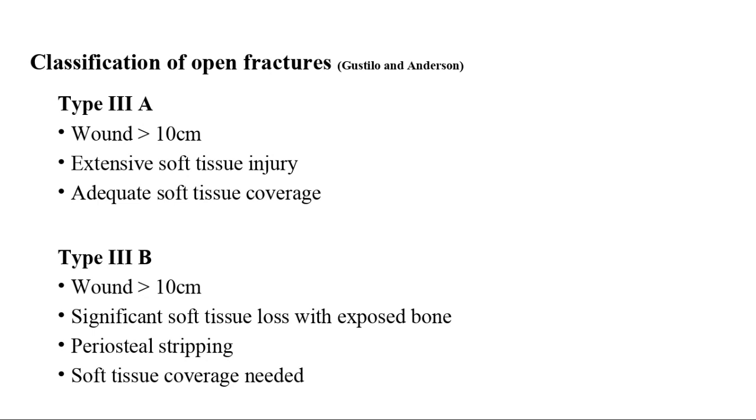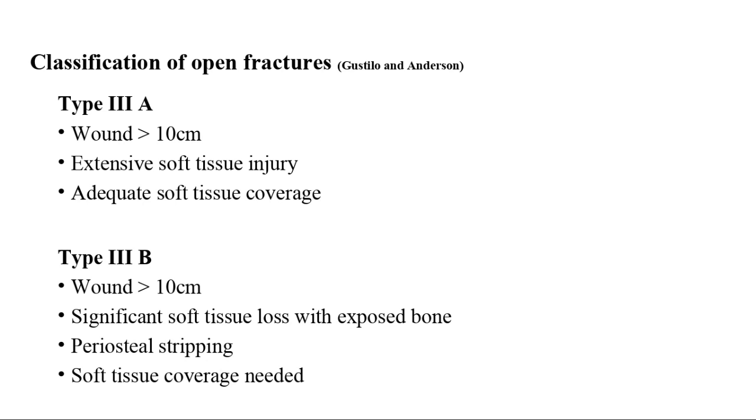So that's what I want you to remember about the type 3 injuries. They are all high energy injuries. And once you see high energy, in your initial assessment of these patients, remember the first thing that you should think about: the ATLS protocols. So high energy equals not only an open fracture, but injuries to other systems which are life-threatening.